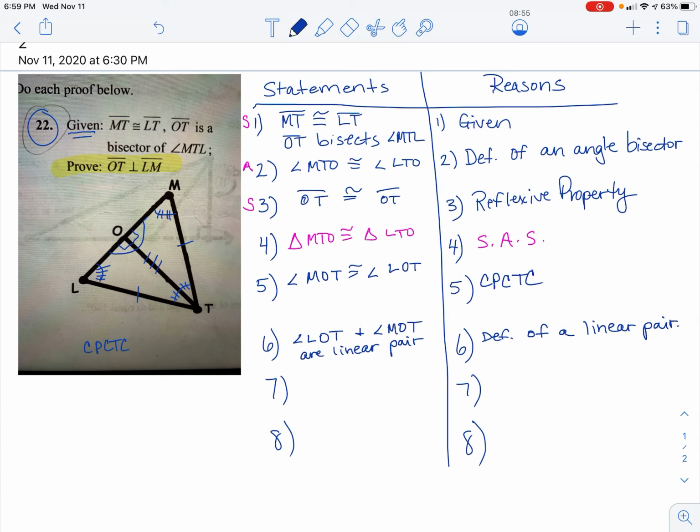And then in step number 7, now we can state if they're a linear pair, then they're equal to each other because we showed that those are corresponding angles right there.